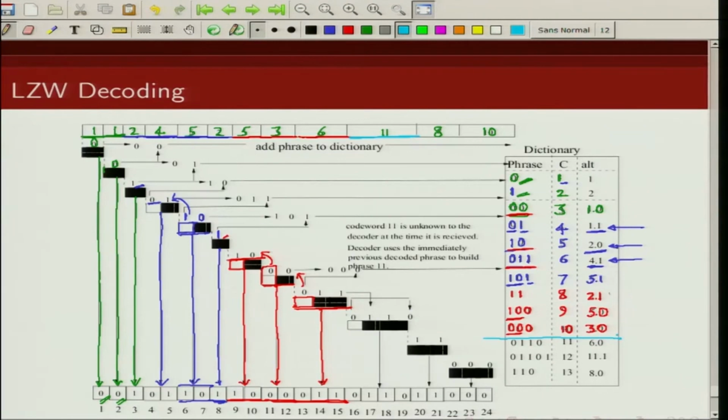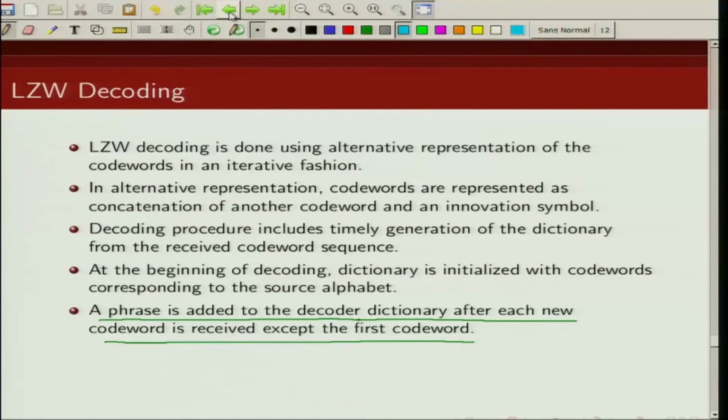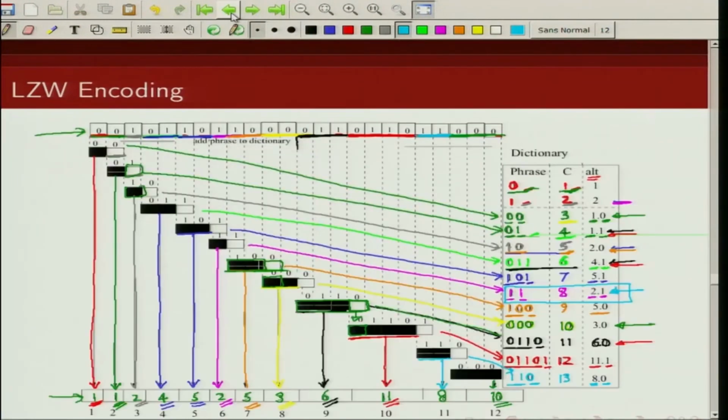This situation happens if you go back to the encoding of the same sequence. This situation happens if we are going to use a string which has just been put in the dictionary. If you look at this point, 011 has been put in the dictionary, and immediately after that you are using this 0110.